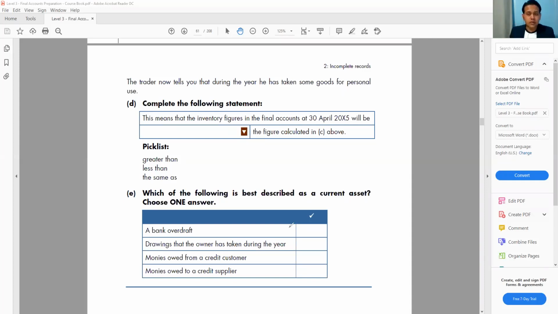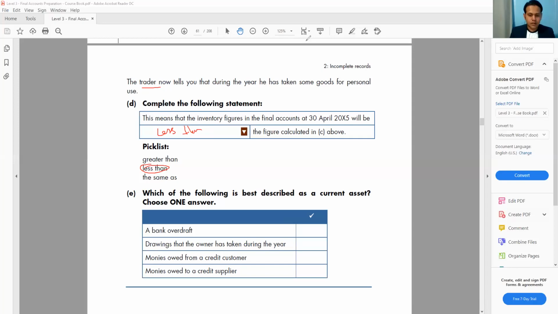The owner of the business took some inventory for his personal use. So it will be what? Less than, same as, or greater than? That will be less than, isn't it? If we take something from there, after I calculated the closing inventory, my total inventory figure will go down. All right, so let's move on to the next one.